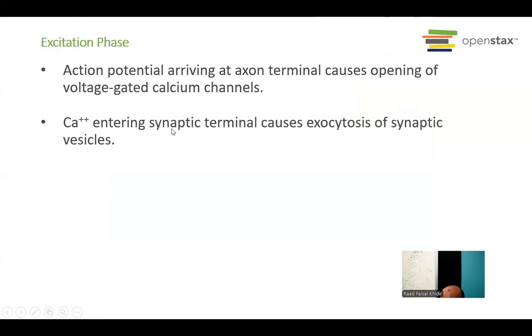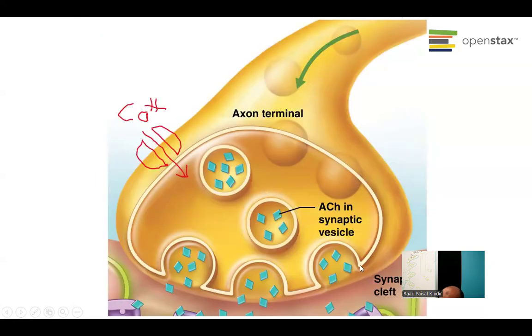The calcium entering causes exocytosis of the acetylcholine. Here, you see exocytosis. Acetylcholine is exiting the presynaptic terminal due to calcium entering.